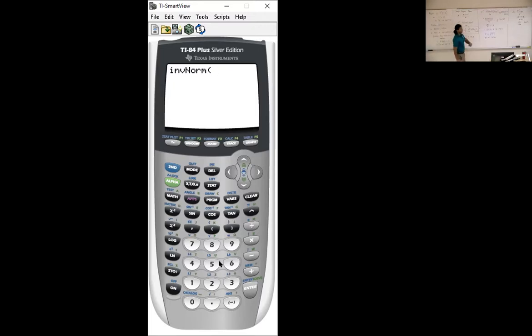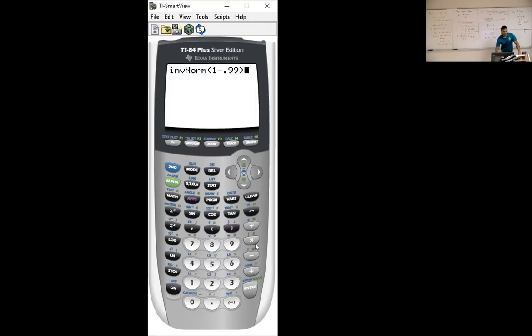If the area above is alpha, what is the area below? 0.99. You just take 1 minus. Exactly.